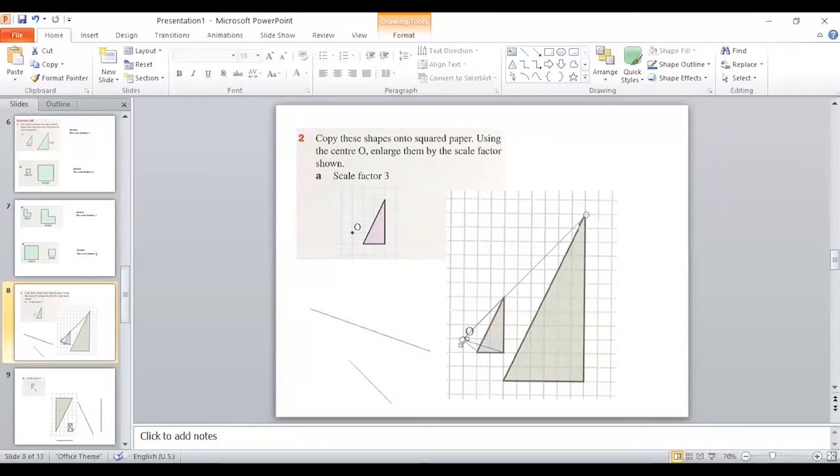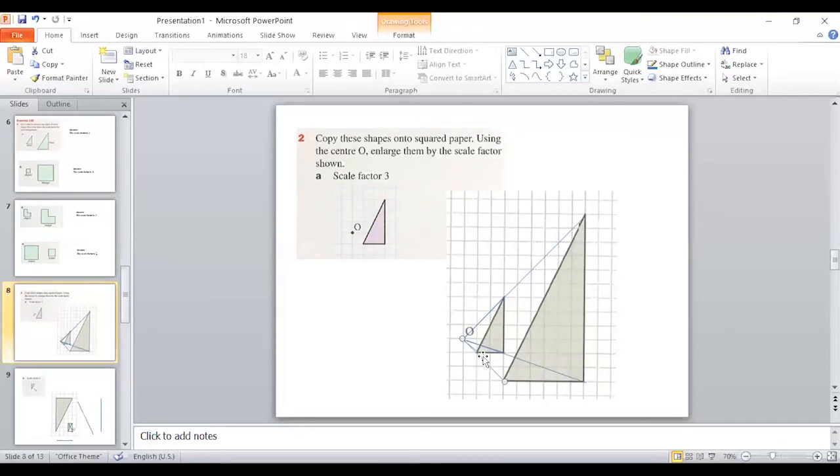Then from O to A prime, it would be 12 centimeters long. Following this logic, you will also measure the other distances and see that the enlargement can be obtained by using the scale factor 3, and their corresponding sides are also 3 times the object side.